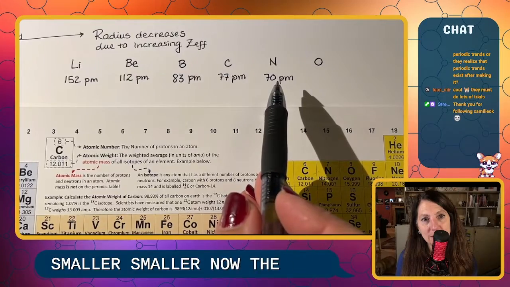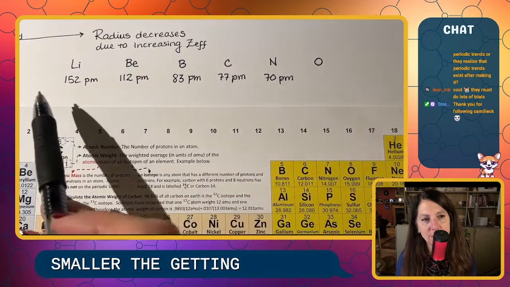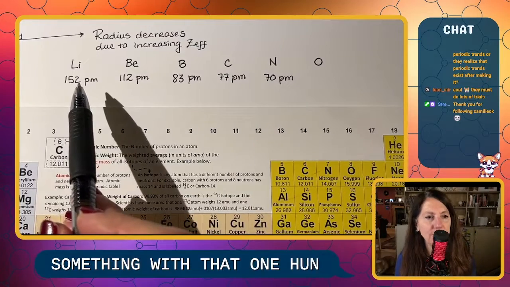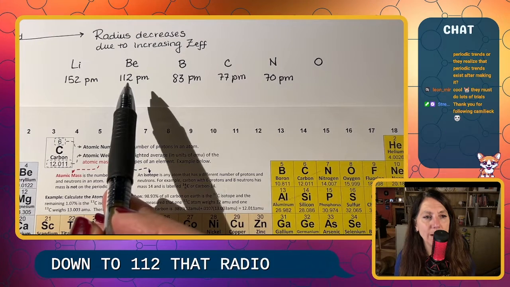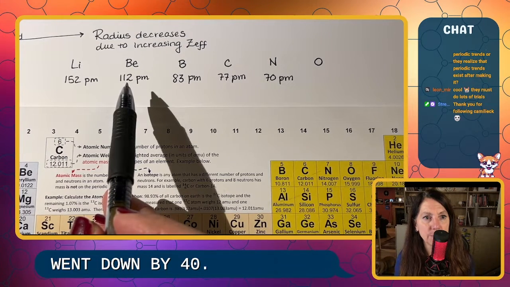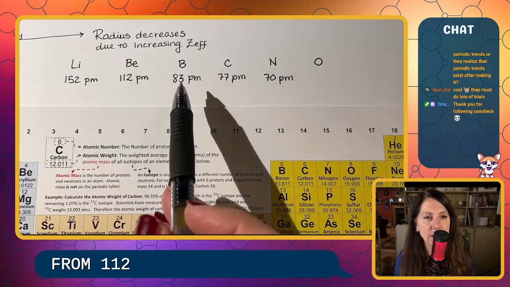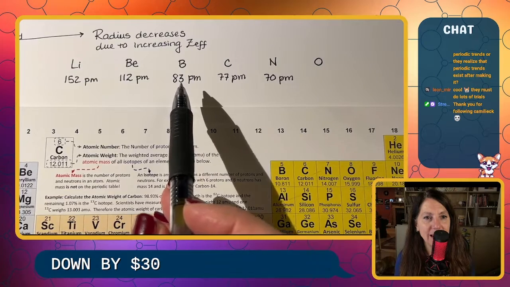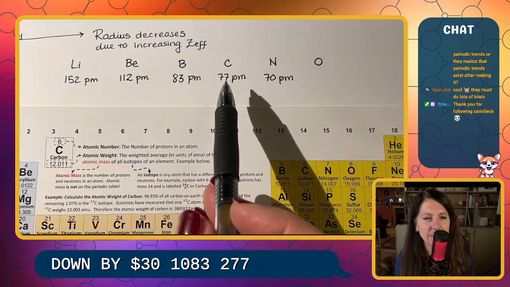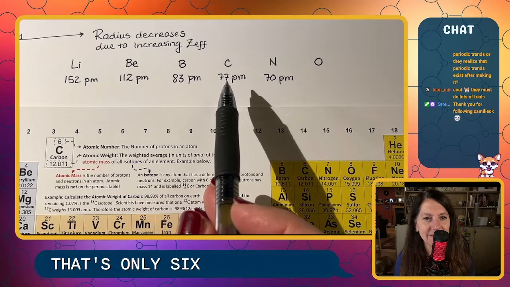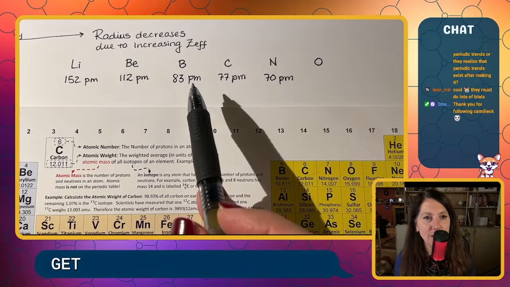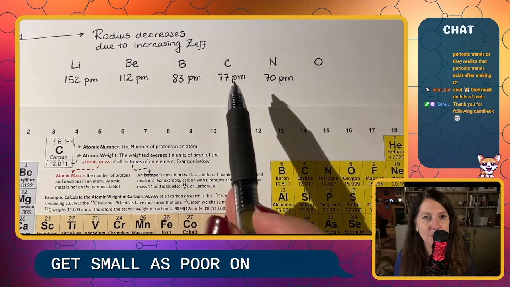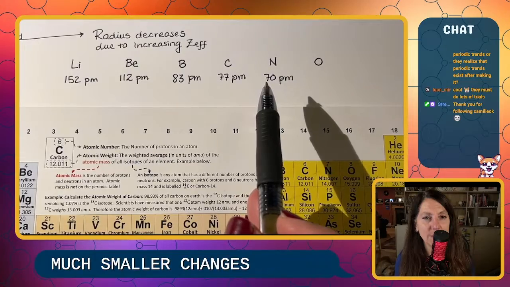Now, the jumps in terms of how much smaller they're getting, notice something with that. 152 down to 112. That radius went down by 40 picometers. Then we go from 112 to 83. That goes down by 30 picometers. Then 83 to 77, that's only 6. And 77 to 70, that's only 7. So once you get as small as boron, you have much smaller changes in what's happening.